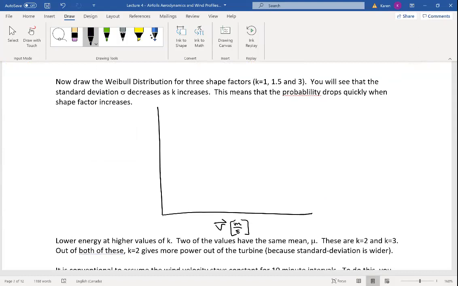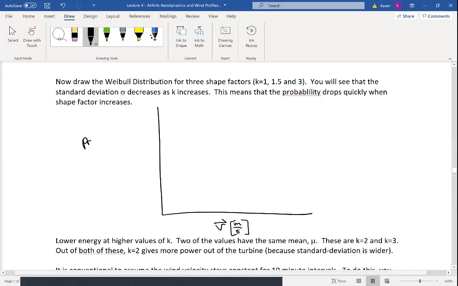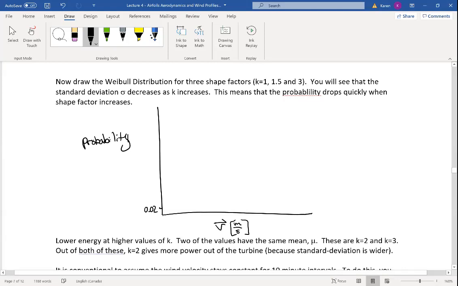And this axis I could rename to probability, because really this axis is talking about buckets or samples, which is also a frequency or a probability.